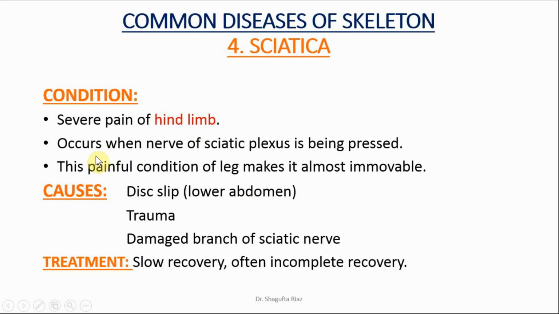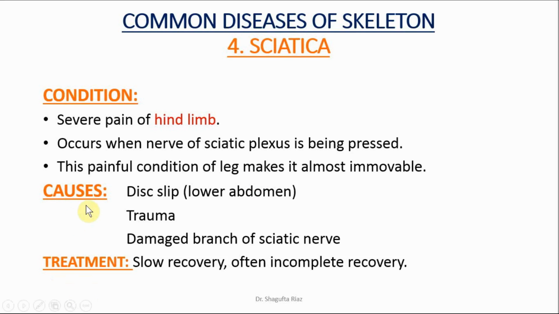There are nerves passing through that area which are called sciatic plexus. When the nerve of the sciatic plexus is being pressed because of this slip, it will cause severe pain in the legs, and this painful condition of the leg makes it almost immovable. When this condition occurs, the person cannot move the leg very easily.